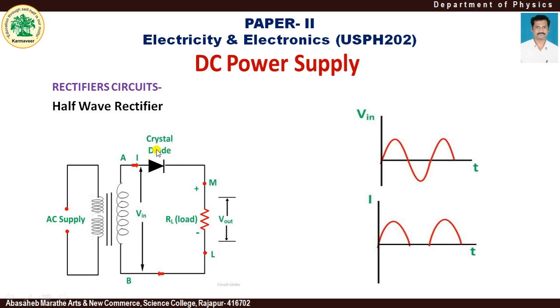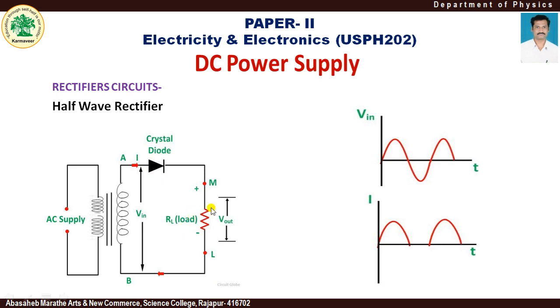Again, the circuit diagram of this half wave rectifier is shown here. In the half wave rectifier, the AC supply is applied across the diode in series with load resistance RL.